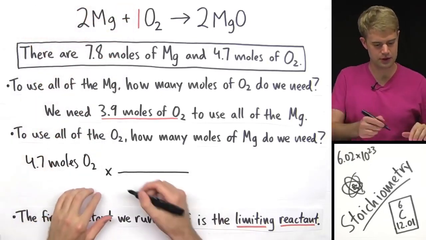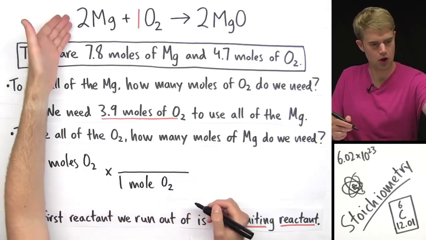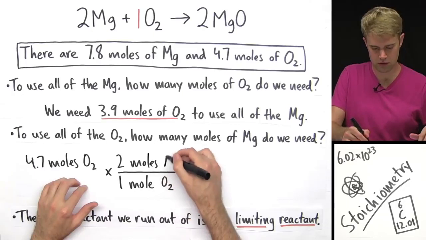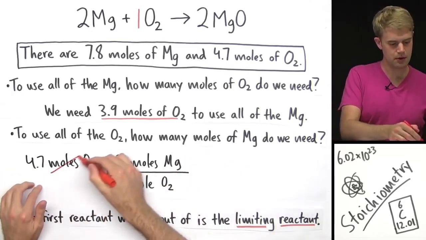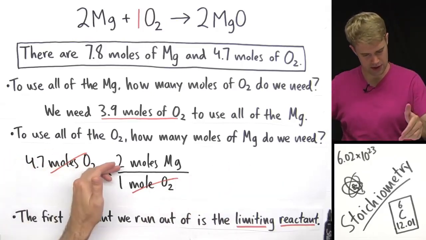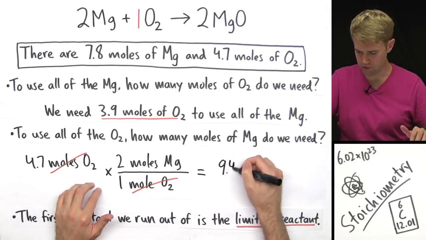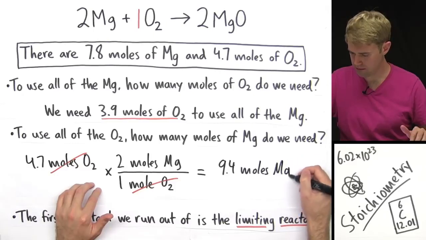So I'm going to put moles of oxygen on the bottom, 1 mole oxygen, and 2 moles of magnesium, 2 moles Mg, on the top. We have moles O2 on the top, moles O2 on the bottom. This times this divided by this is going to give 9.4 moles of magnesium.